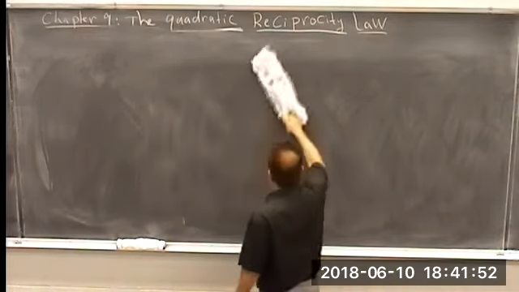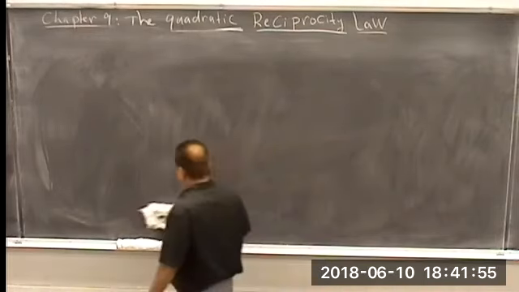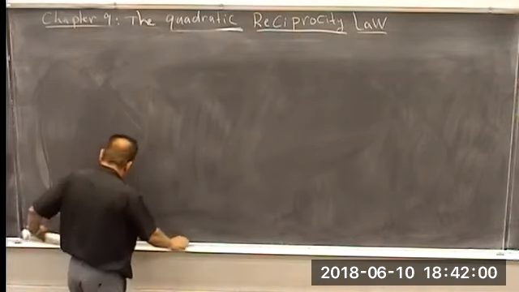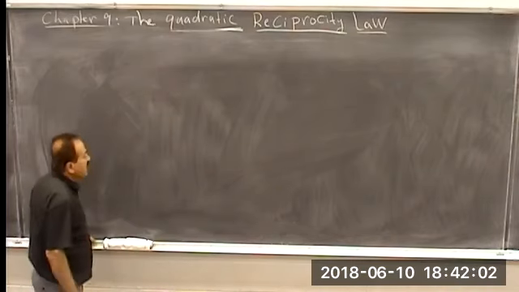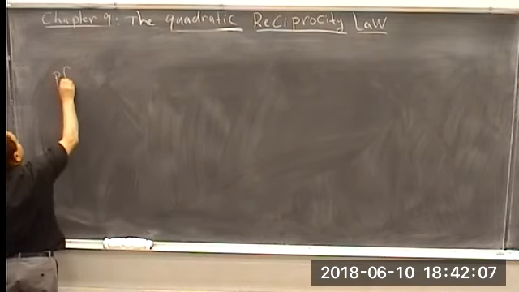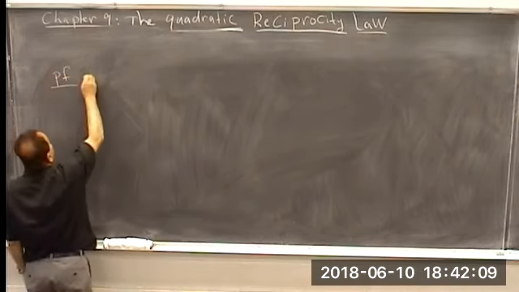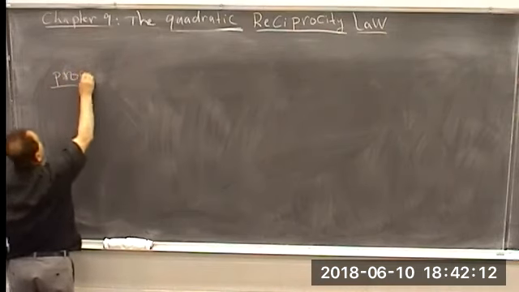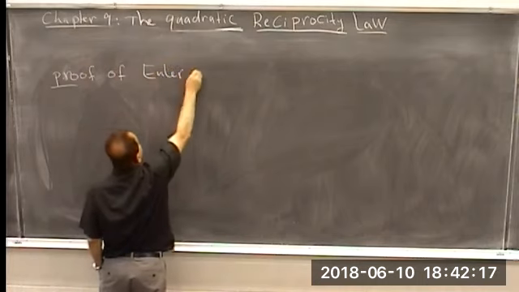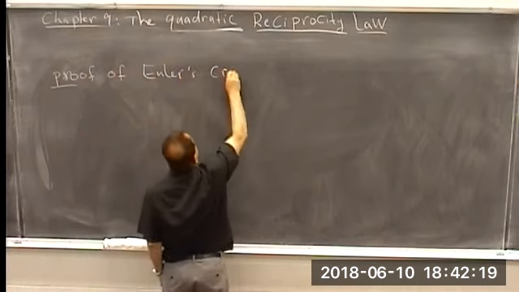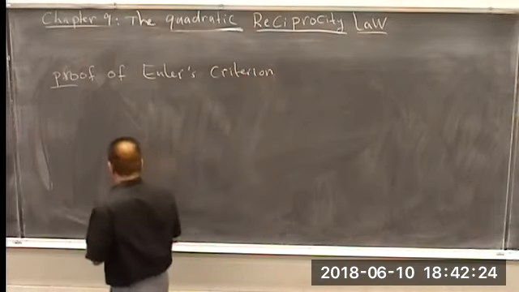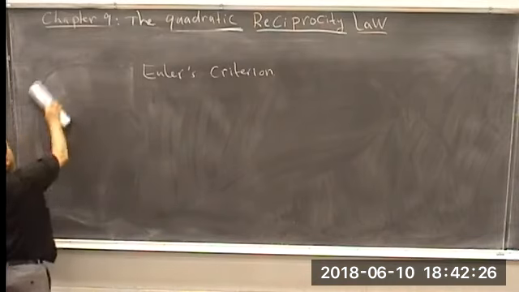All right. The last thing which is left is a proof of Euler's criterion, as given by Burton. Okay, here is the proof of Euler's criterion.